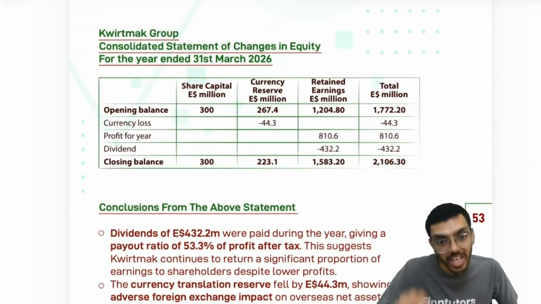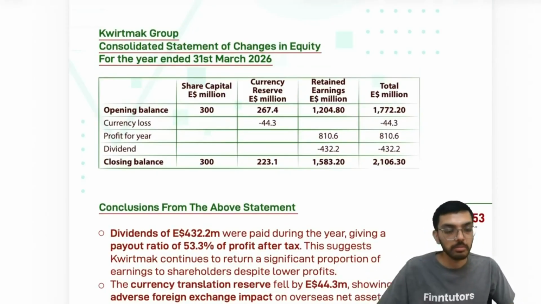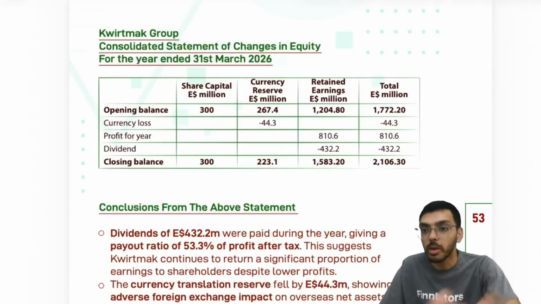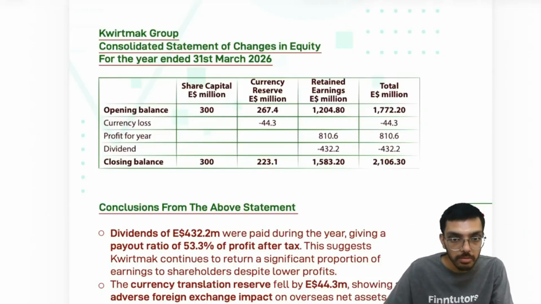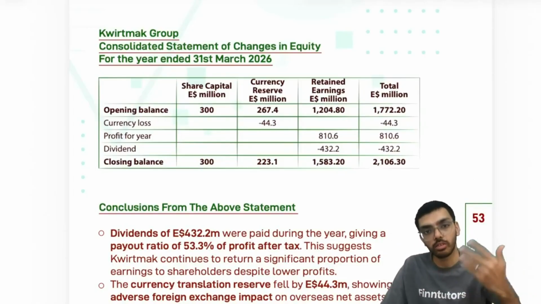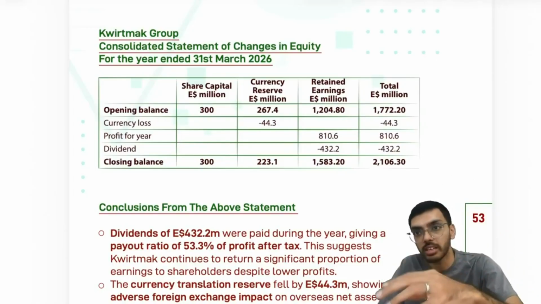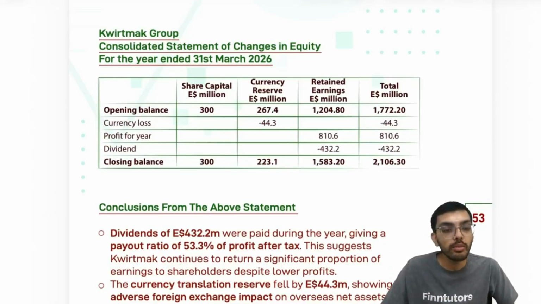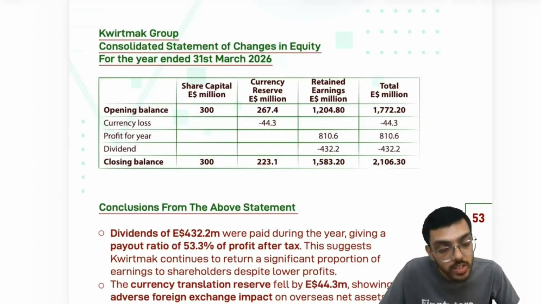For the statement of changes in equity, there was a negative currency loss on translation. Remember, we have different factories all over the world. So these factories, assets rather, for my company, will be subsidiaries which will have to be converted at the end of the year to e-dollars.